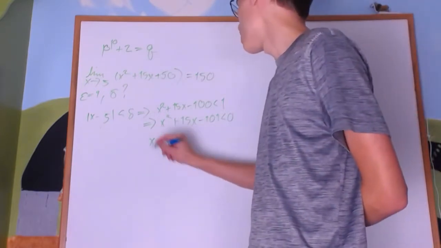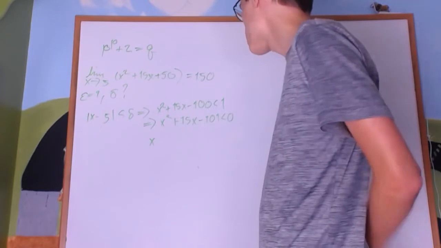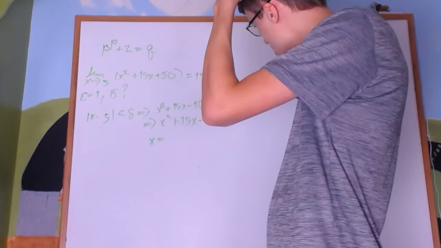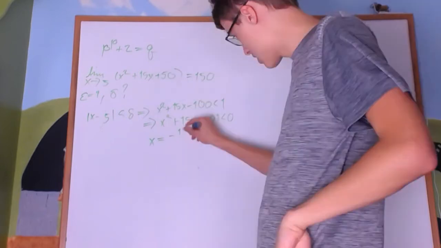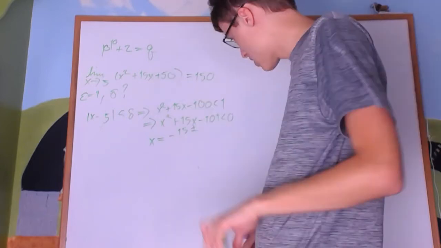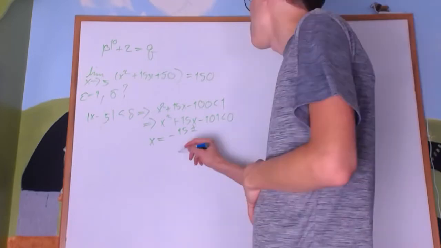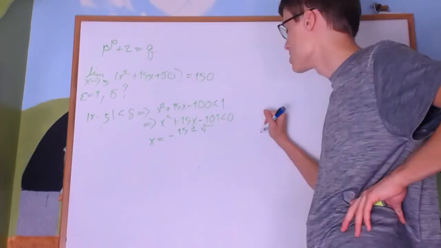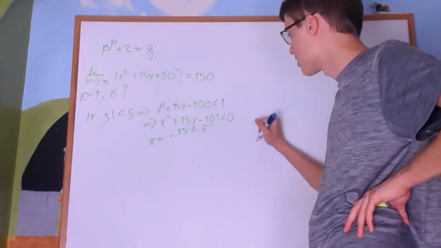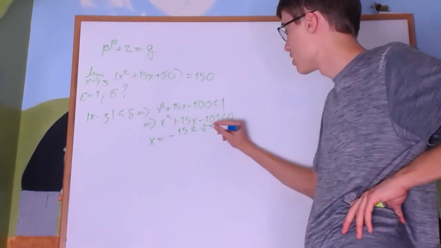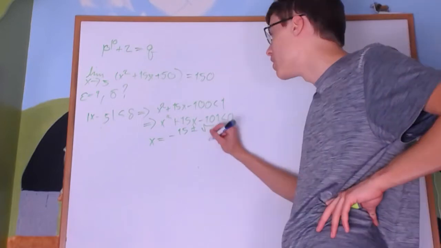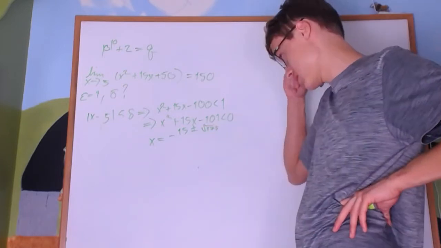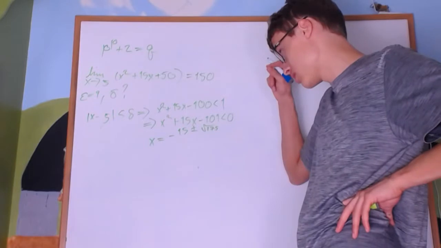So x is, okay, what is negative b plus or minus the square root of b squared... 15 squared is 225, 9 times 25 is 225.